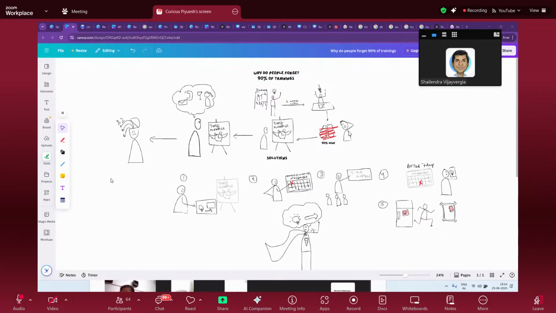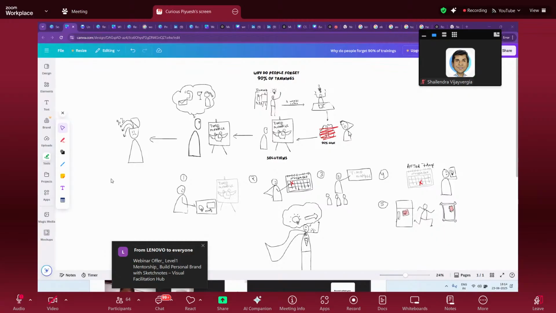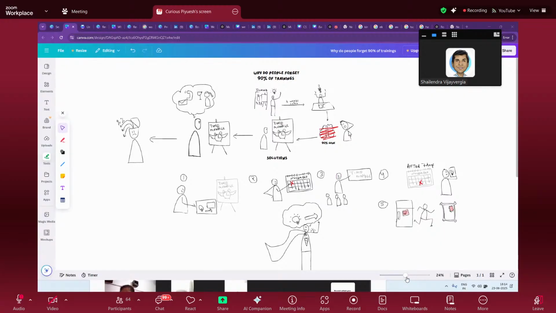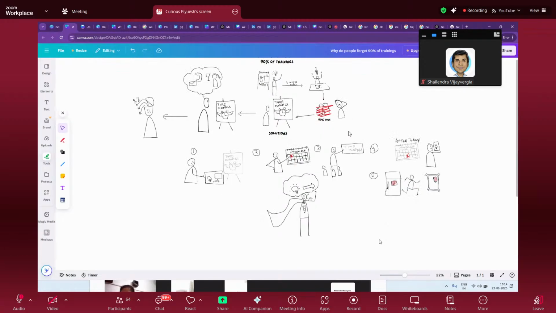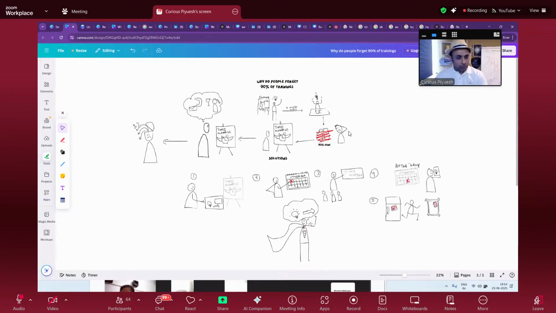Piyush, by any chance, can you share the JPG link of that file, or do we need to just take a screenshot? You can export through Canva share, and from share you can export JPG. No, I can export JPG, but how will I share with you all?